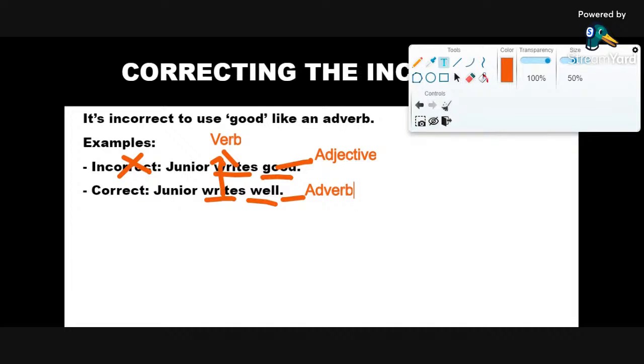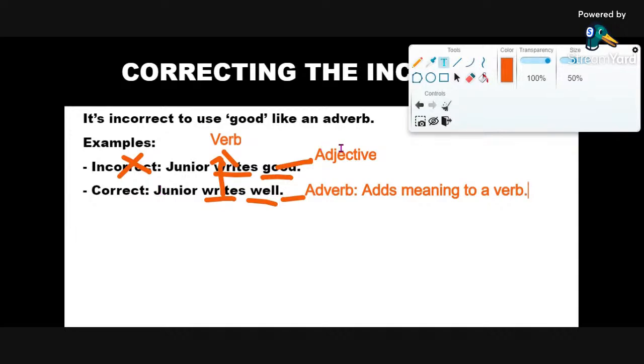After all, the word adverb simply means adds meaning to a verb. That's what an adverb is. So when you use an adverb to perform its grammatical function, then you get a correct sentence.